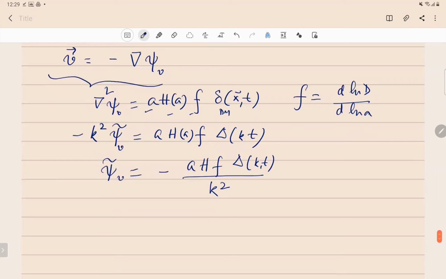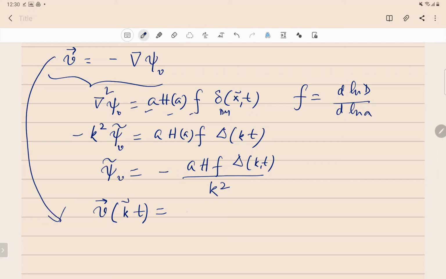So this is convenient. Now, of course, you want to write down not this, but the velocity. So the velocity will be the gradient of this. So if you go back to this equation, the velocity now in Fourier space will be the gradient of this. So you get a minus ik. An additional ik will come from this gradient times psi tilde.